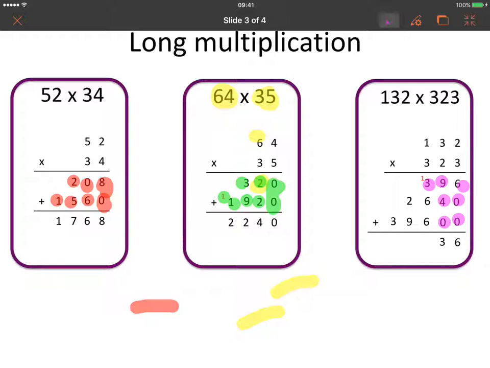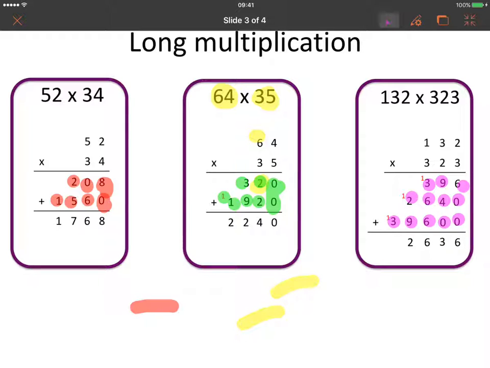Then I've got 3 add 6 add 6, but I cannot forget that 1. So instead of having 15, I've got 16 because I've carried the 1. But 16 and I need to carry a 1. So 9 add 2 is 11, add the 1 will give you 12, and I need to carry the 1.